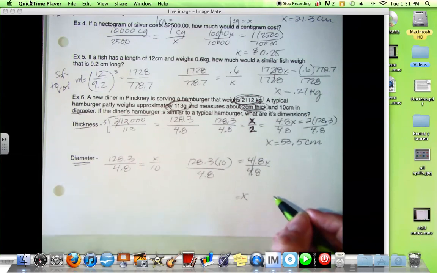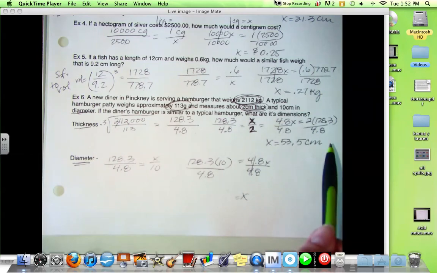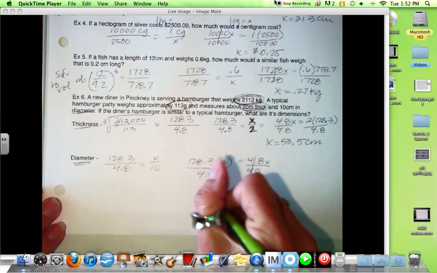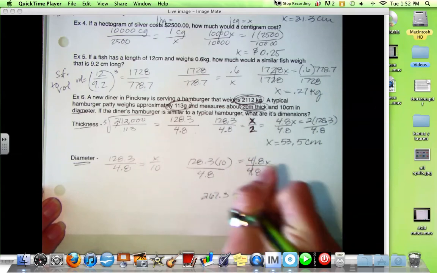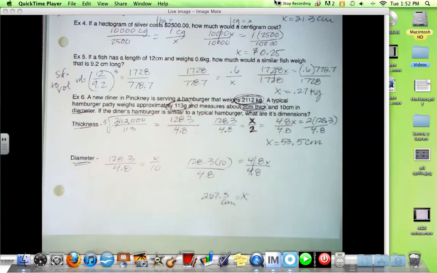Set it up wrong. 267.29. Okay. 267.3 centimeters. Questions?